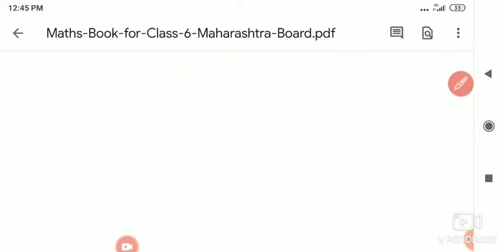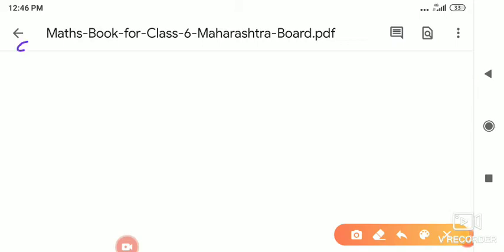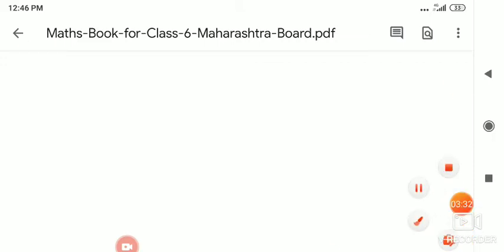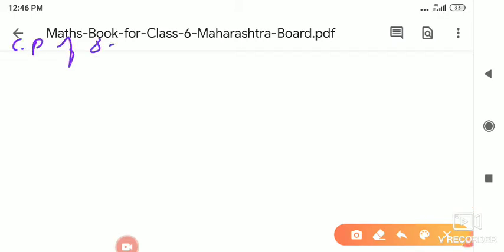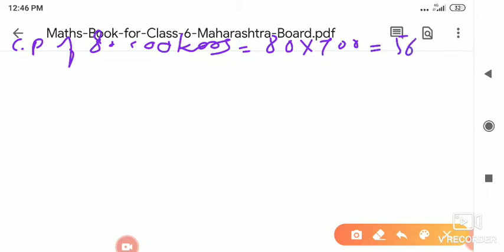So here we have to write: CP of 80 cookers is equal to 80 into 700, is equal to 56,000.